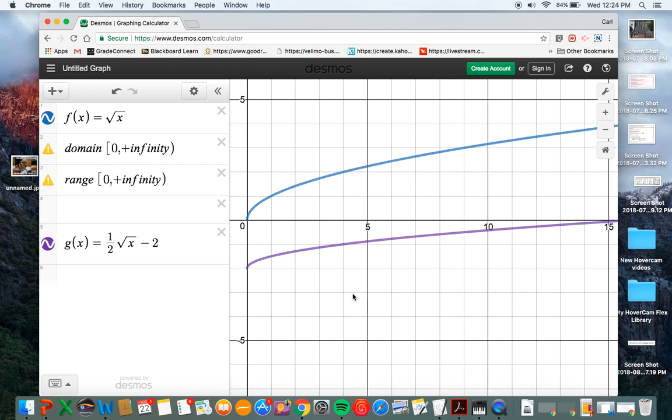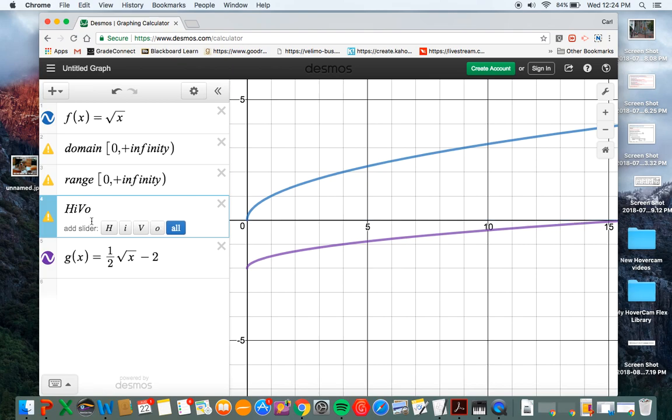Well, previously we were talking about the idea of HOVI, which is saying that all the horizontal shifts are going to occur inside the parentheses or wherever x is. As we see, x isn't modified, so there's no horizontal change inside, at least. There is a vertical change, however, with this minus 2.